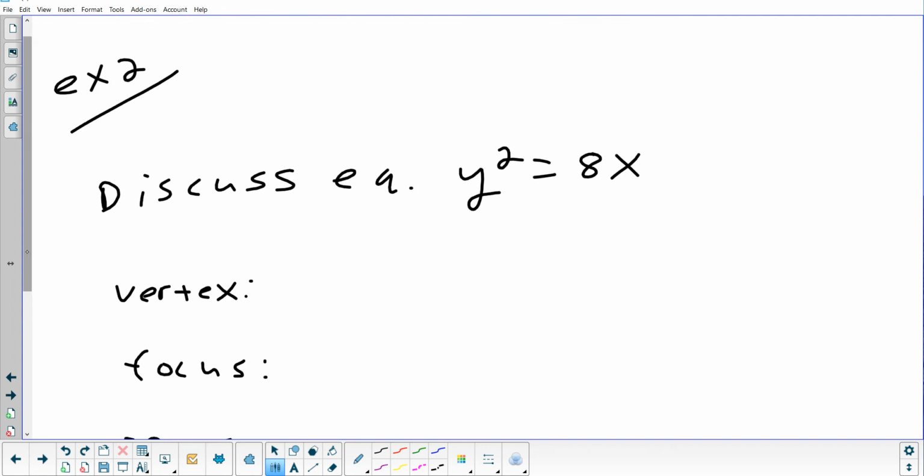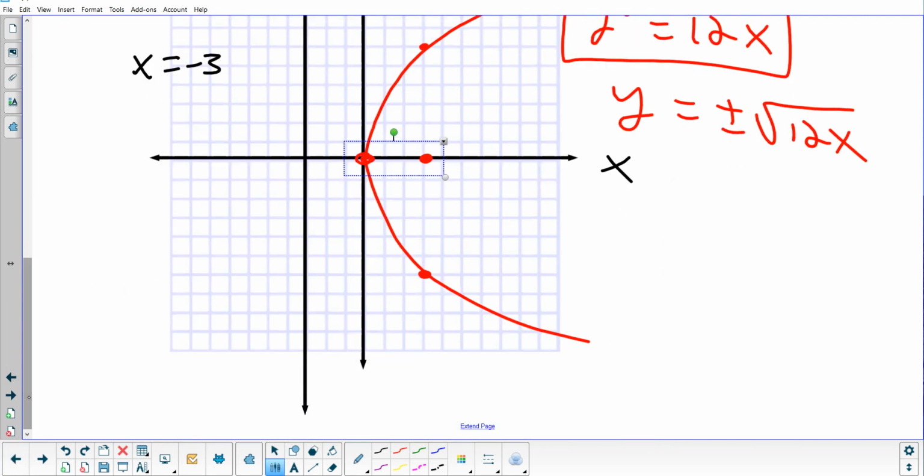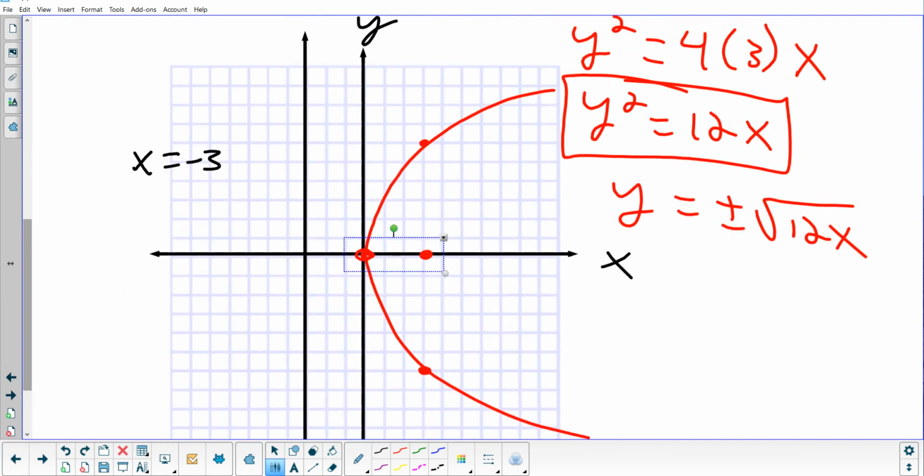Now the first step to be able to do that is to rewrite it in the standard format. This is not the standard format that we're used to seeing it in. If you write it like that, it's kind of like writing it like this. It's been simplified, but you want to take it back to what it was before you multiplied it.